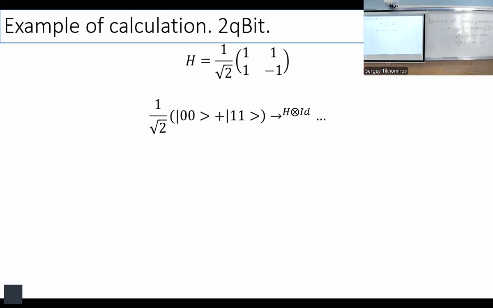I would say the following. There is room to make a calculation mistake, so you need to adapt yourself, because this is a lot of calculation, even for such a simple story. One of the things I recommend for self-control, not to make mistakes, is in the end to check: do you get a vector of norm 1?